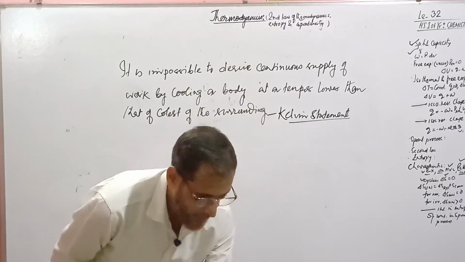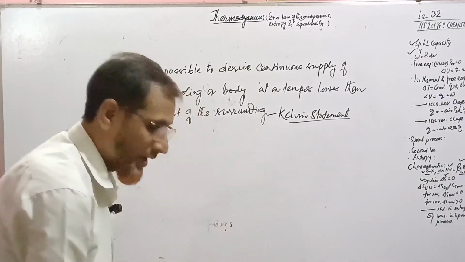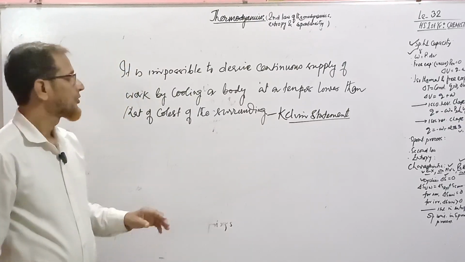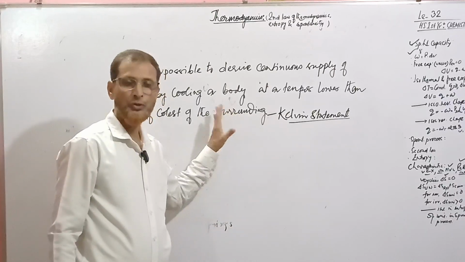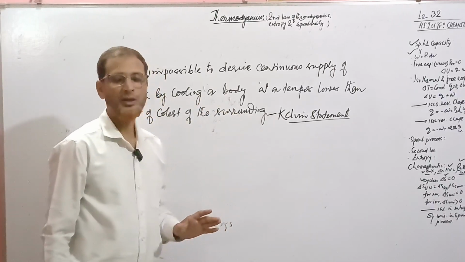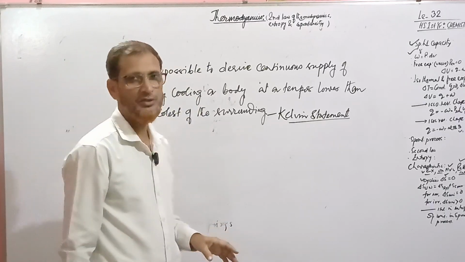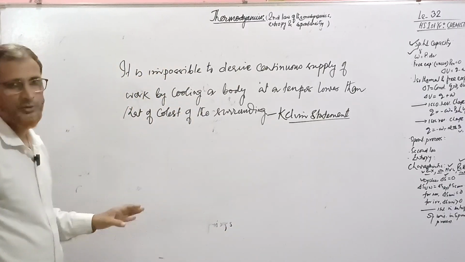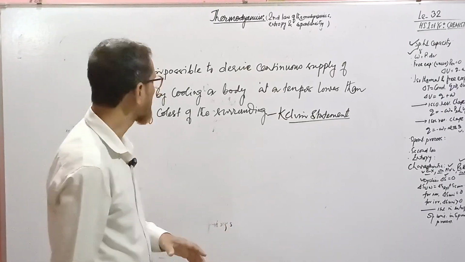So I am going to define entropy. Before defining entropy, let us switch over to the second law of thermodynamics. The first law is already over. I have talked a lot about the first law of thermodynamics: delta U is equal to Q plus W or Q minus W, depending upon work done on the system or by the system.